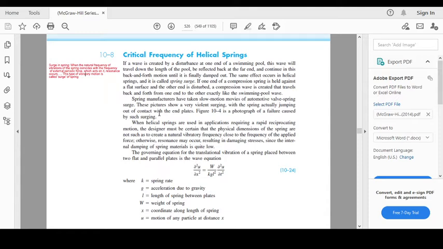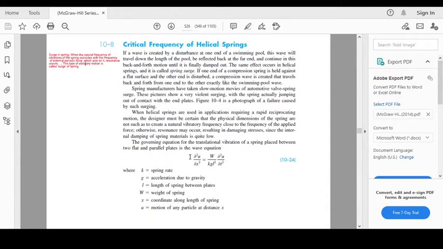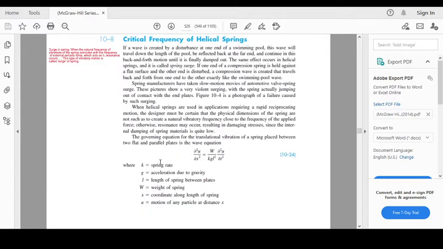So the governing equation for translational vibration of a spring placed between two flat and parallel plates is the wave equation. You see the derivation of u per x, w per kg L to the power of 2, the differentiation of u per dt.